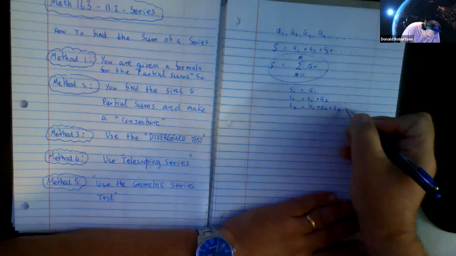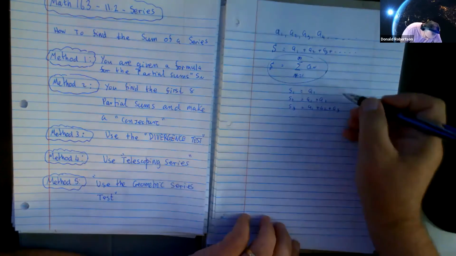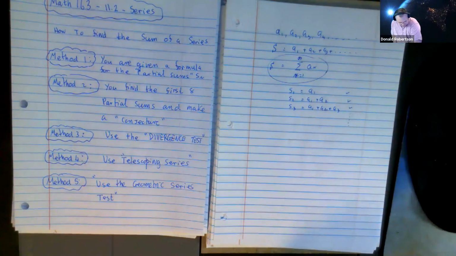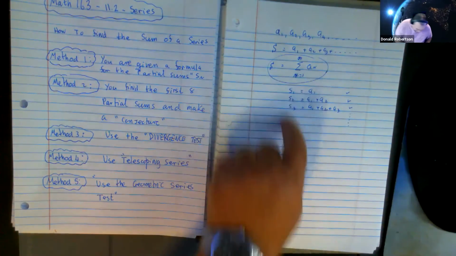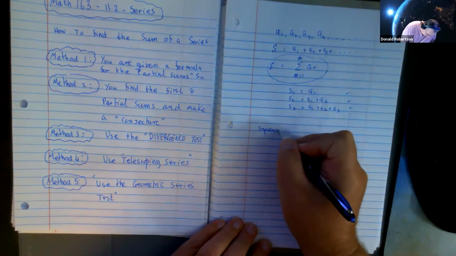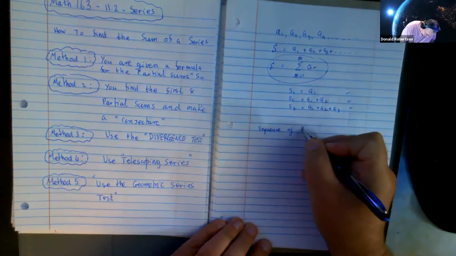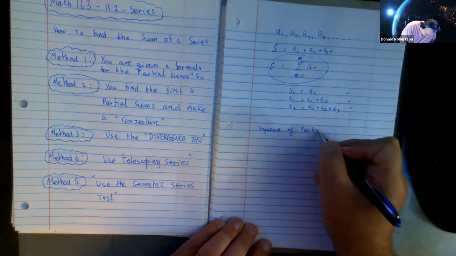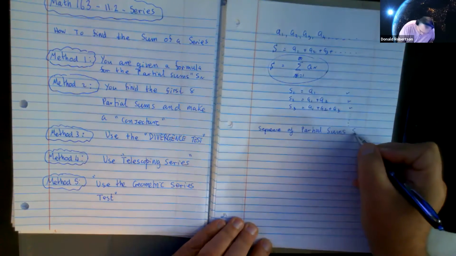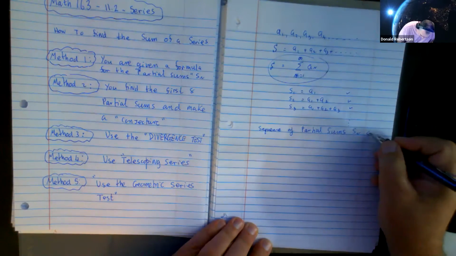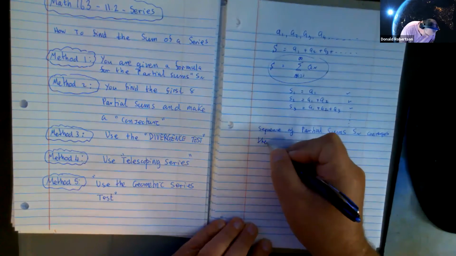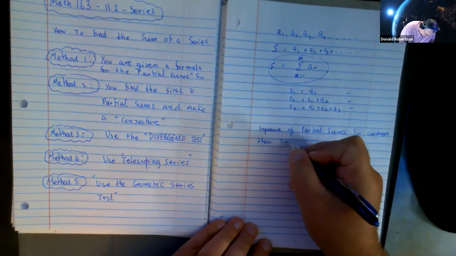So one of the techniques that we use is that we find these and all the others that come after it. And if the sequence of partial sums, that's what these are called, Sn in general, converges, then the series converges.